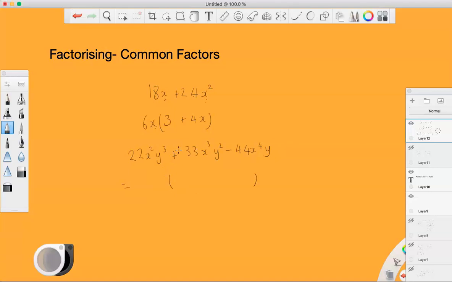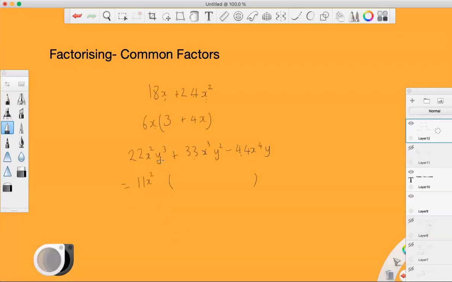And let's look at the coefficients first. We've got 22, 33 and minus 44. So our highest common factor will be 11. Now let's look at the x terms. We've got x squared, x cubed and x to the power 4. So x is a common factor. We'll look for the lowest power of x. That's x squared, so we're going to have an x squared out here too.